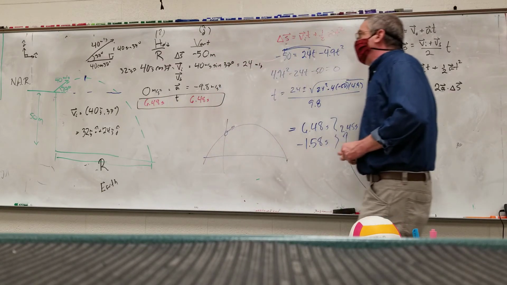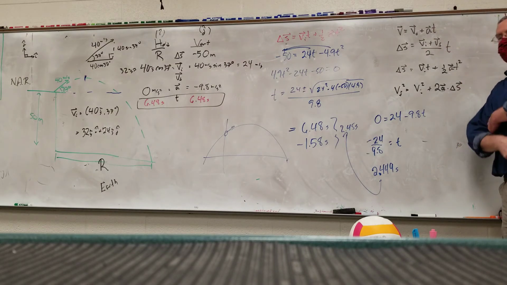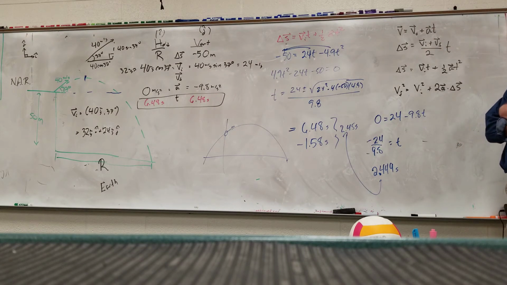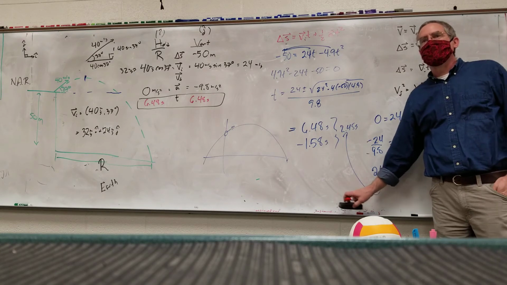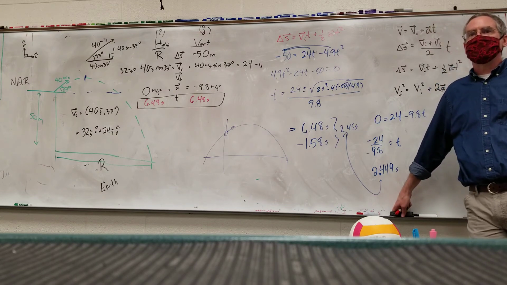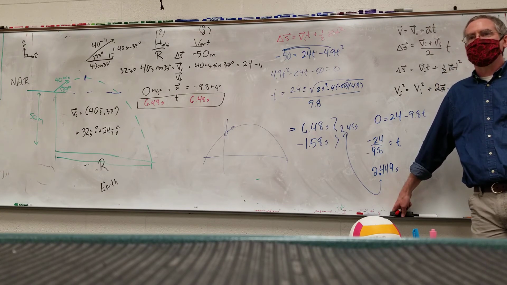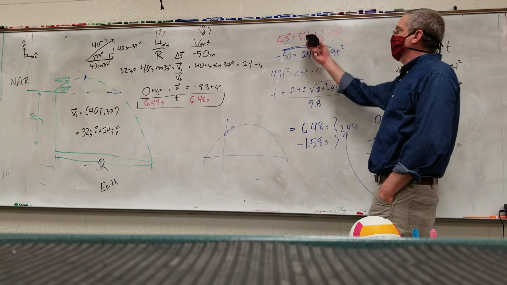All right, so now, what is big R? Besides the pirate thing. It is the horizontal velocity times time. In essence, plug it into this equation right here.